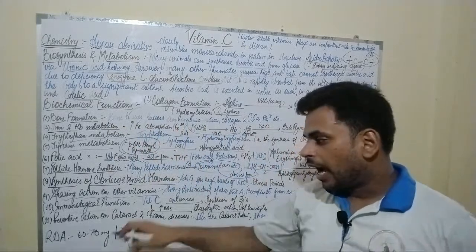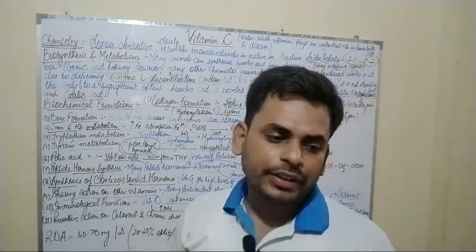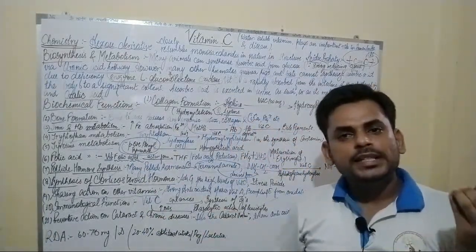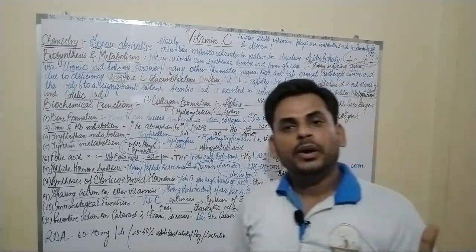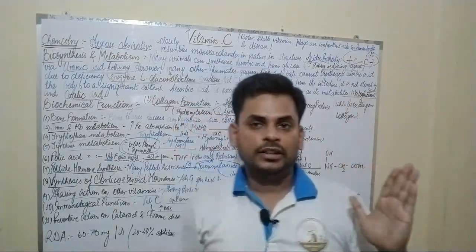Moving on to the recommended dietary allowance. It is mostly seen that 60 to 70 milligrams per day of vitamin C is required in a healthy adult.